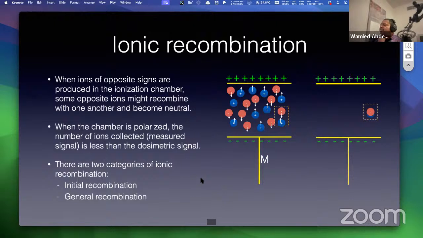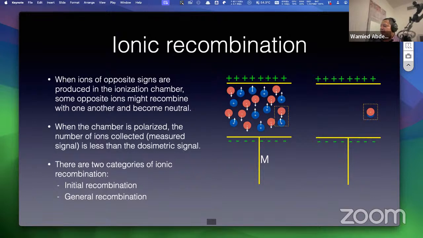So in ionic recombination, what happens? Ideally, we want to collect all of the charges of one sign that are produced in the chamber. But it happens that as the chamber is polarized and the charges are moving towards the opposite electrodes, they might actually meet with one another, and then they exchange the charges that they have and become neutral.